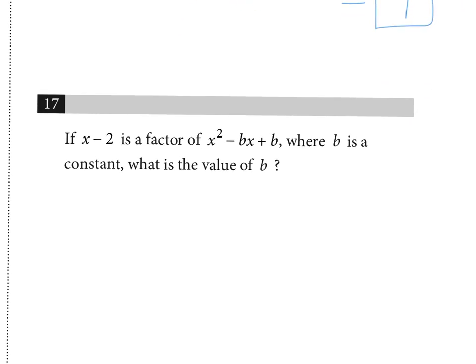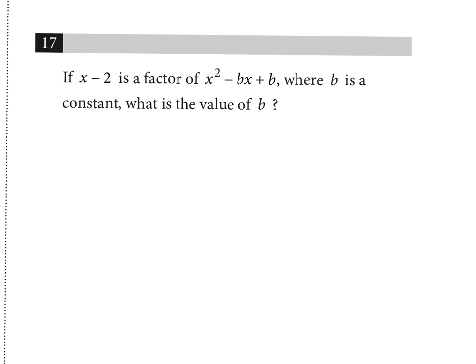16. Number 17. It says, if x minus 2 is a factor of x squared minus bx plus b, where b is a constant, what is the value of b? So, I know that x minus 2 times something is supposed to be x squared minus bx plus b.